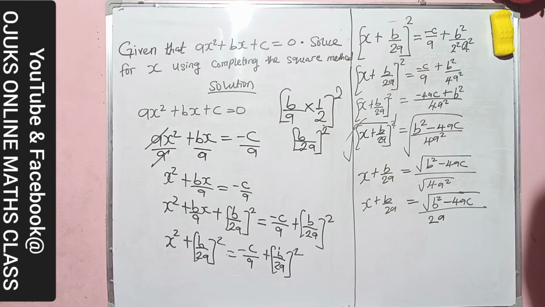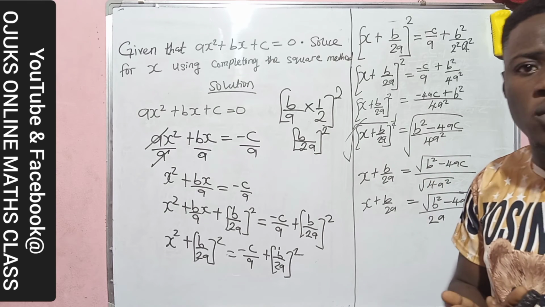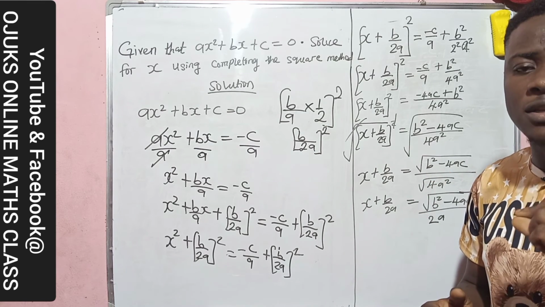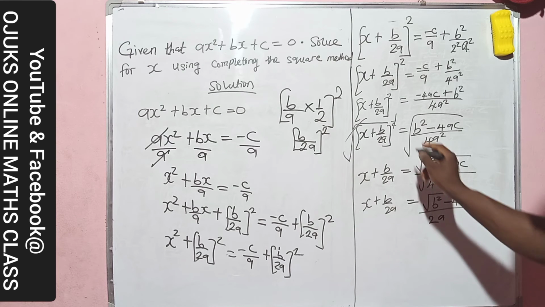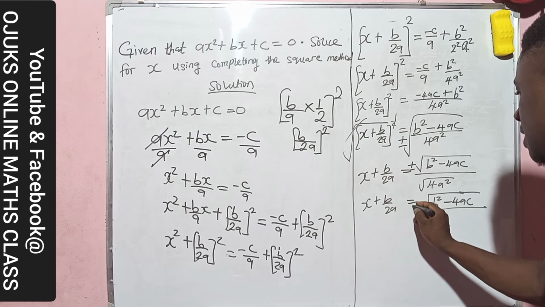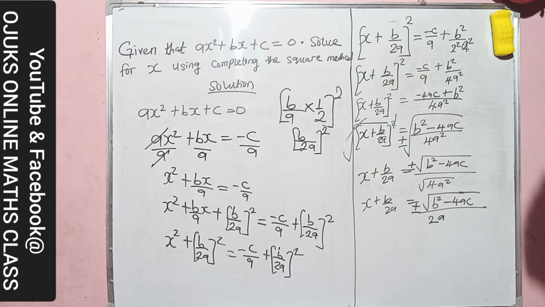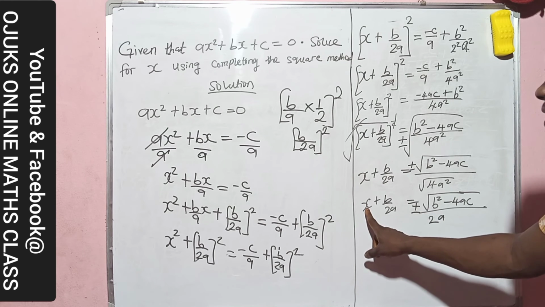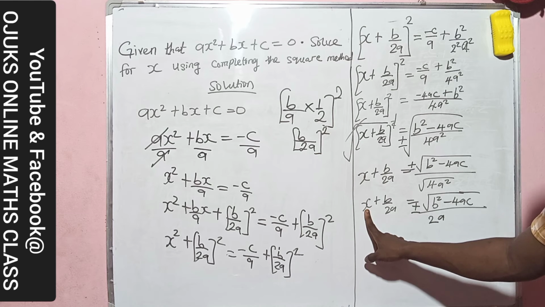Now, since this is a quadratic equation, immediately I introduce my square root because of what? The roots of a quadratic equation are always 2. It's a second degree polynomial. So when I do that, I will equally introduce my plus and minus as usual. Plus and what? Minus. Now I want to make x the subject of formula. How do I solve this?